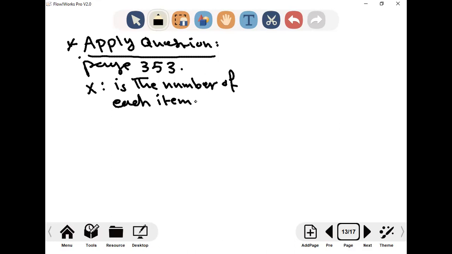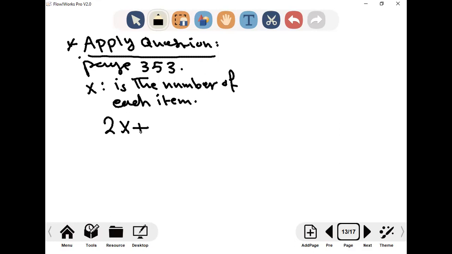If the price of the t-shirt is $2, what is the price of 12 t-shirts? 24. So you always multiply the number of items by the price of each, right? So if the price is 2 and the number of items is x, what's the cost? 2 multiplied by x, which is 2x. This is for the t-shirts.